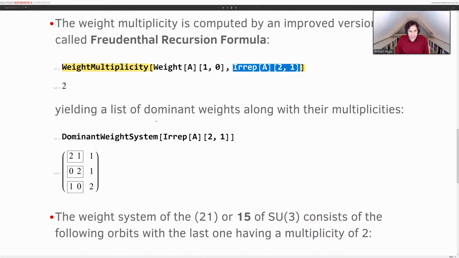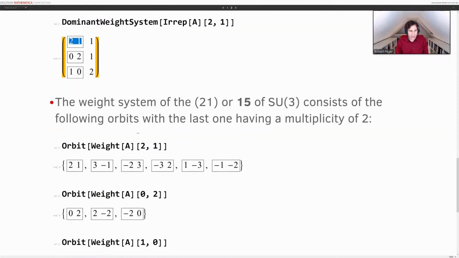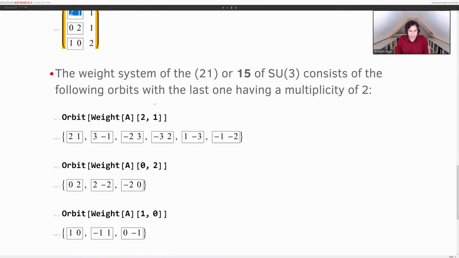So this yields a list of the dominant weights of the representation alongside the multiplicities. And there's a command for obtaining this, which is DominantWeightSystem. You get the dominant weights here on the left in the Dynkin label style, and on the right, you have their multiplicities.